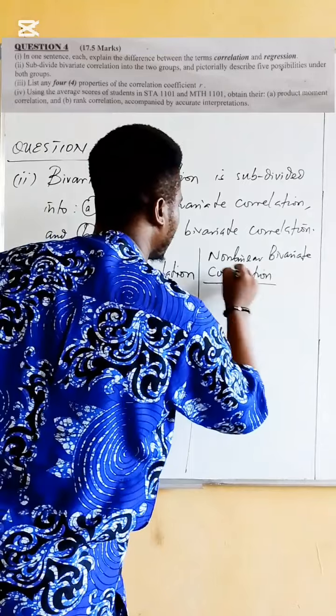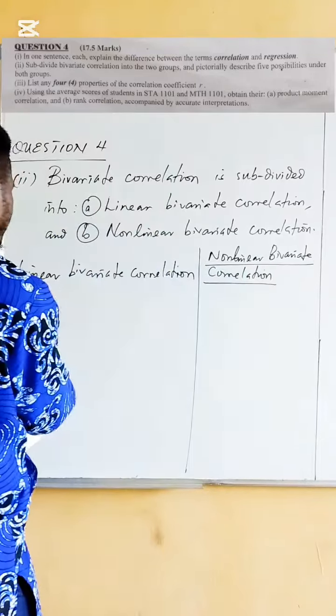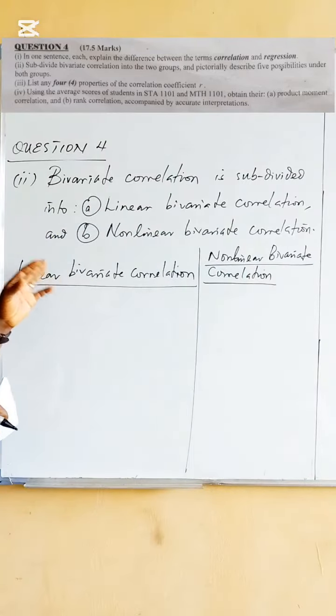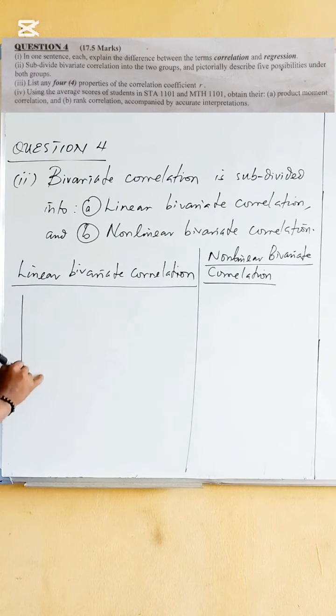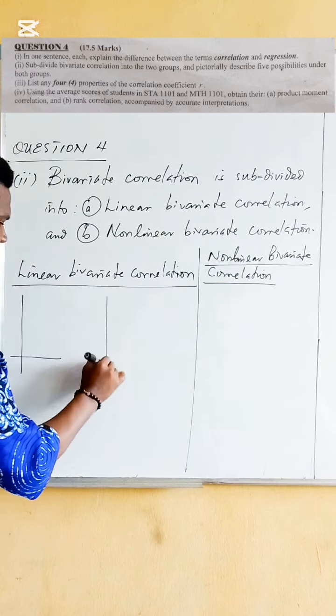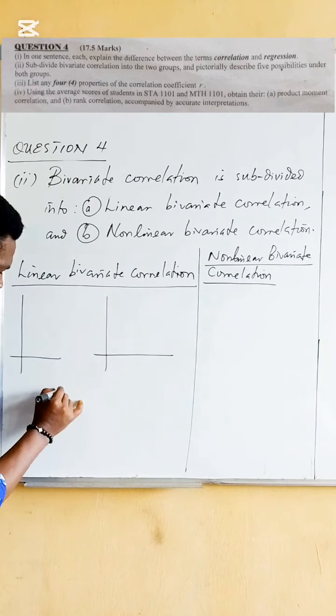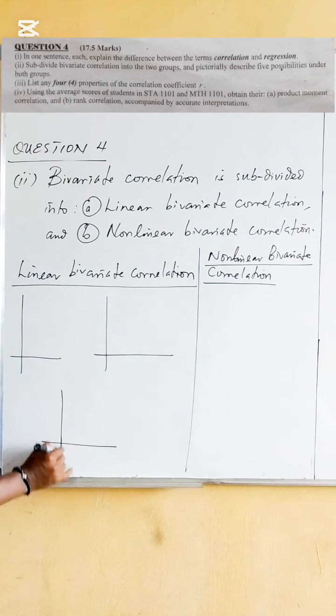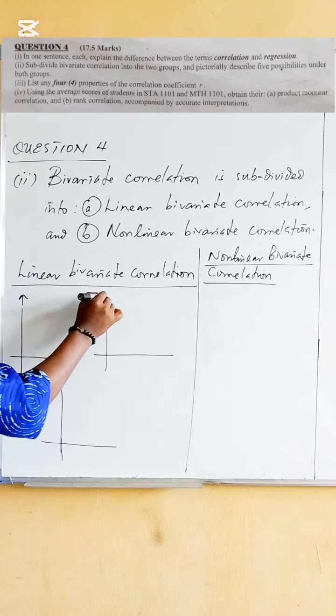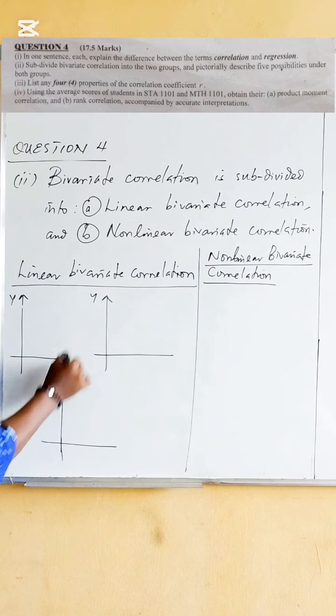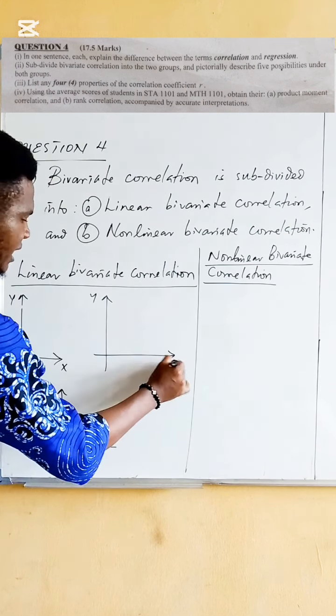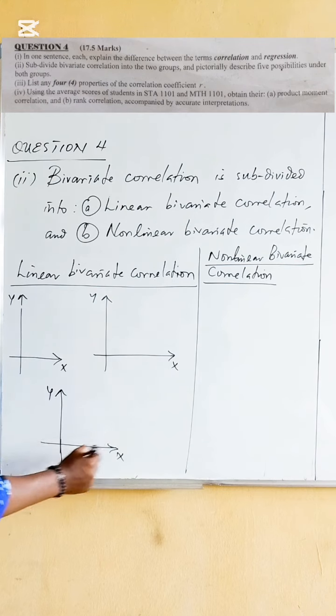So let's use pictorial representations to differentiate these. That is to know the 5 classes. Now take note, let's have this, this, and this as 3 plots: y versus x, y versus x, and y versus x.